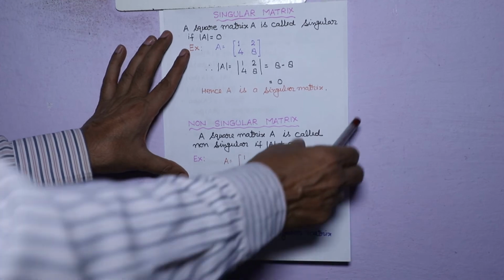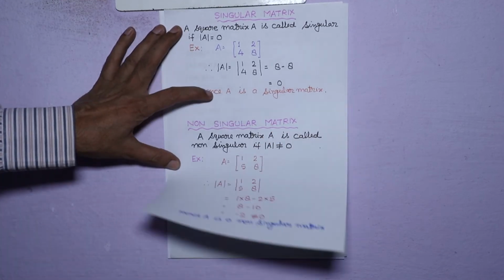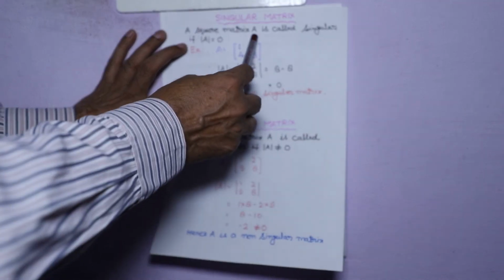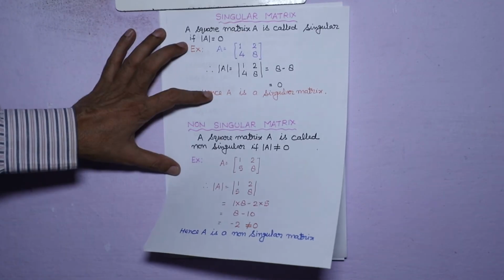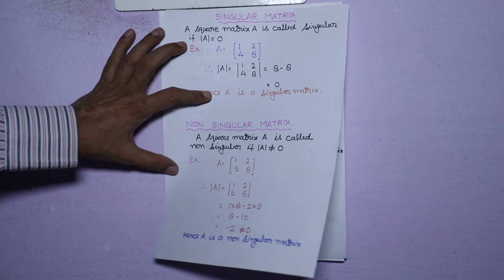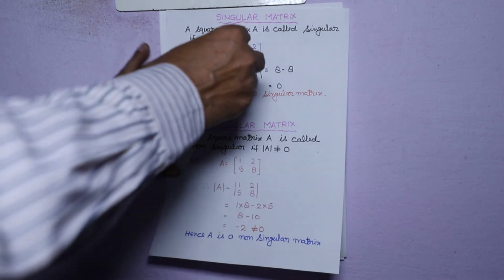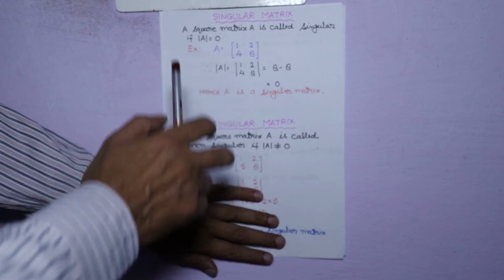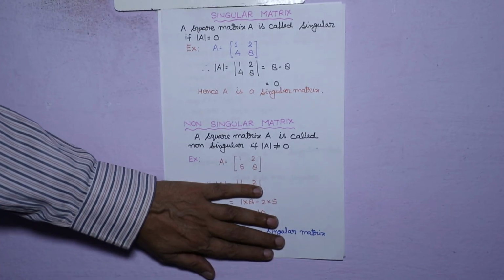Now one new thing, singular matrix. A matrix A is called singular if its determinant is 0. The matrix should be square, because a determinant exists only for a square matrix, not for a rectangular matrix.